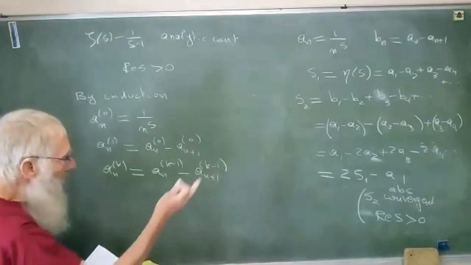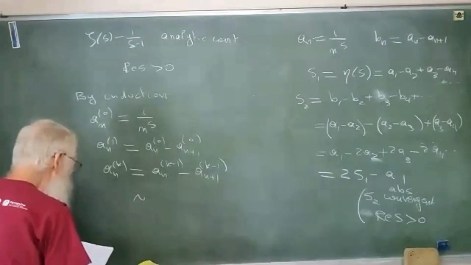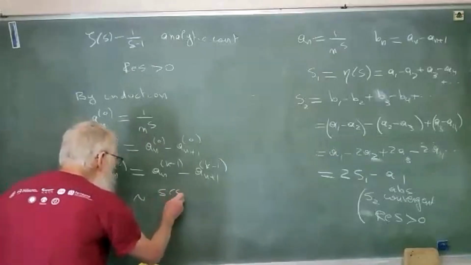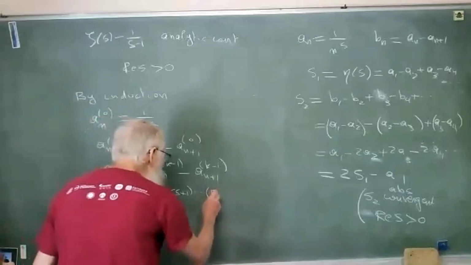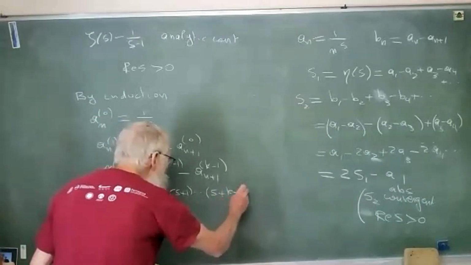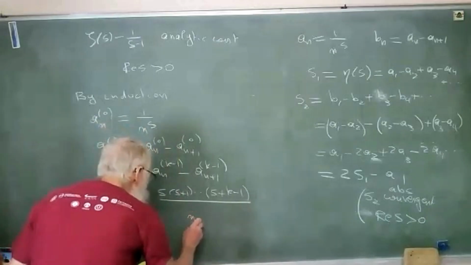And the same proof gives that ank is equivalent to s plus 1 ... s plus k minus 1 divided by n to the s plus k.